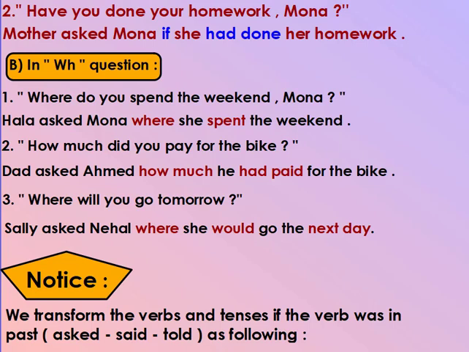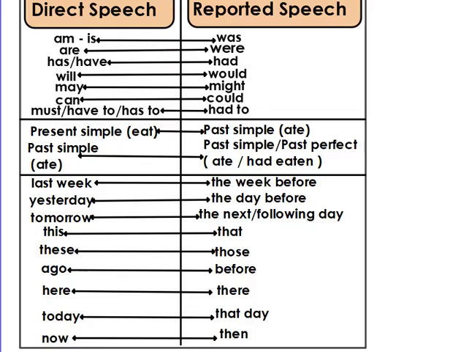Sally said to Nihal. So Sally asked Nihal where she would go the next day or the following day. Notice we transform the verbs and tenses if the verb was in the past, like asked, said, told, and so on, as we have just said.